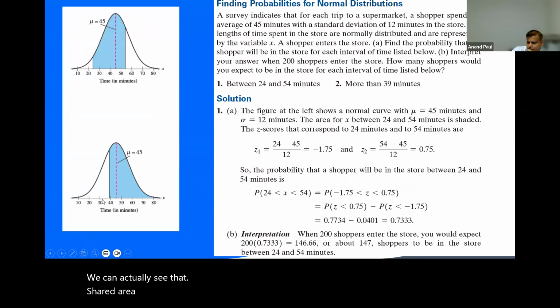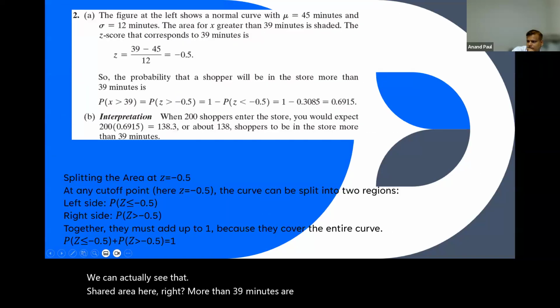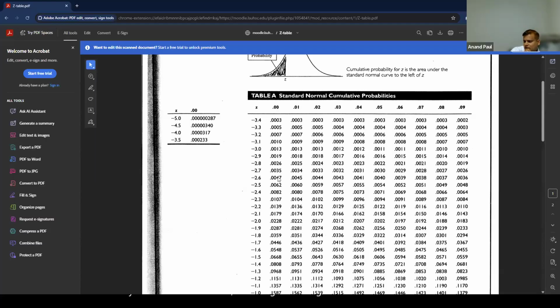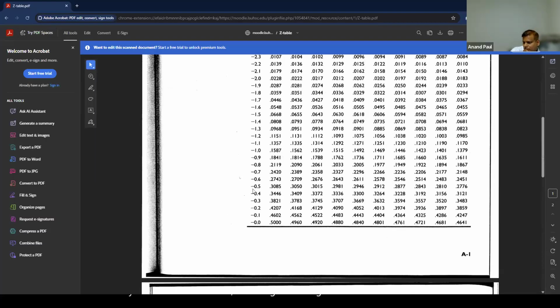More than 39 minutes are given here. So for that, you calculate the z-score. And once you calculate the z-score, we are again looking for minus 0.5. So minus 0.5 is 0.3085.